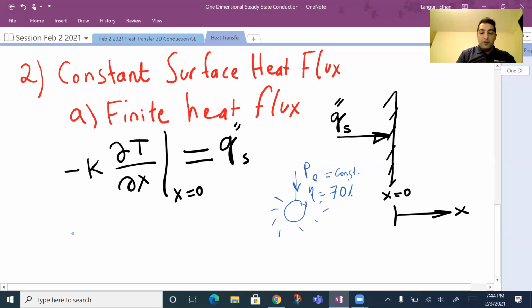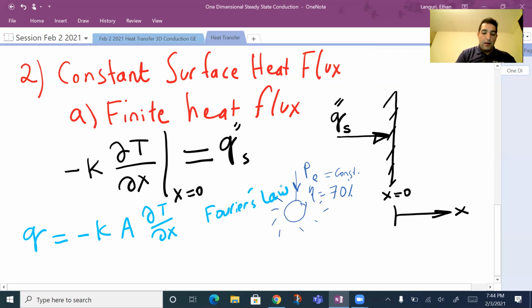Let me show you more details. What do we mean by Fourier's law and this boundary condition? Remember, Q with the unit of watt in Fourier's law is nothing but minus K A del T over del X, or dT over dX, correct? That's the Fourier's law. So everyone should know this, Fourier's law. When we want to get a heat flux that has the unit of watt per meter squared, we have to divide our Q by A to get the heat flux.